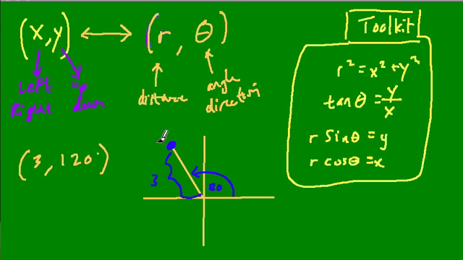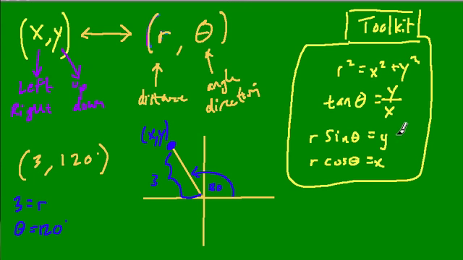So now the question is, well, what's that point on the Cartesian plane? What do we do? Well, 3 is equal to r, and theta is equal to 120. So now we have all the information we need to generate our x's and y's. And how do we do that? Well, we know that r squared is going to equal x squared plus y squared, right? Theta equals 120, and tangent of theta equals y over x.